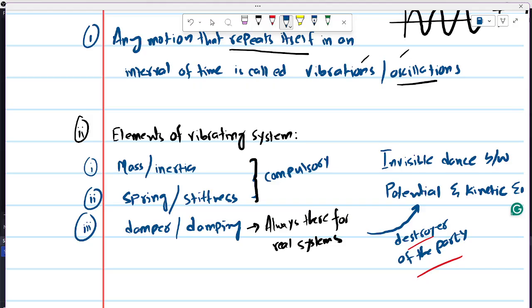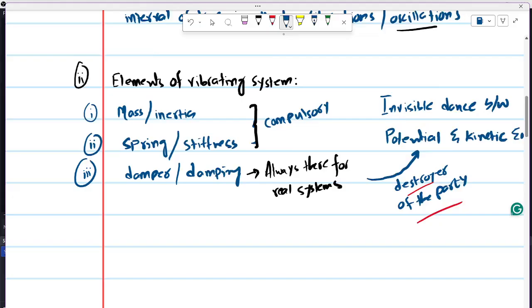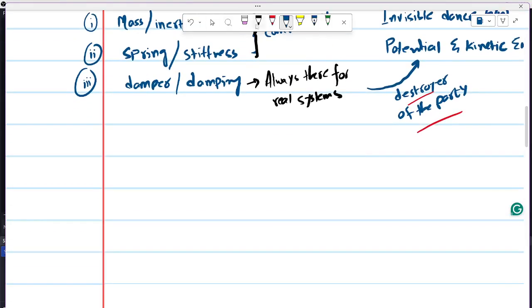Now, all of these elements can exist in different forms in the vibrating system. Let's start with the first one. Now we are coming towards the mathematical side.